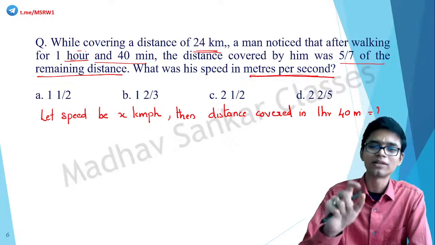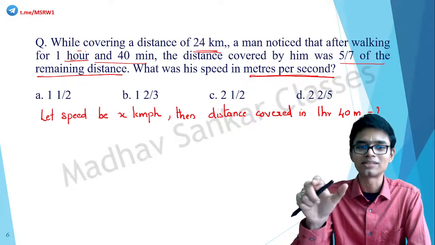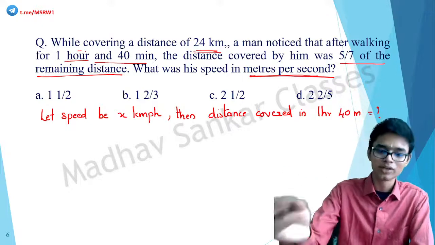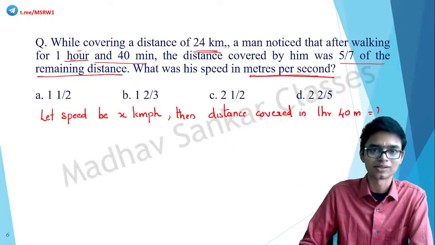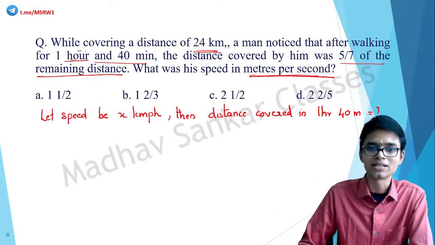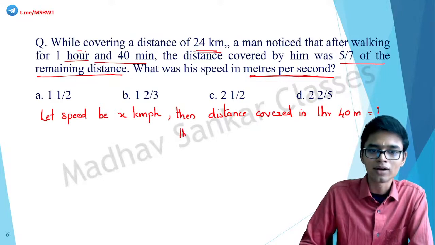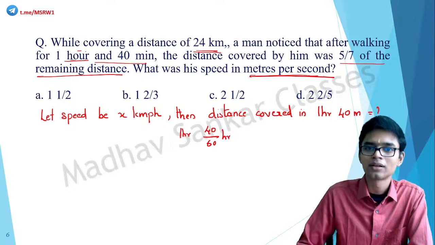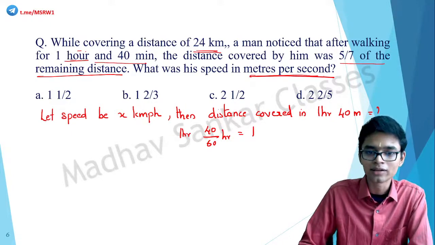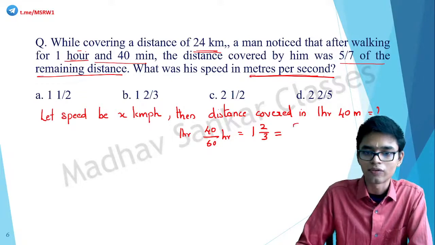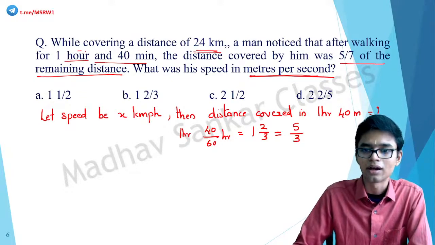So we cannot actually say 1 hour 40 minutes times x. That is not a value. So we simply convert this in terms of hours. 1 hour 40 minutes is equal to 1 hour and 40 by 60 hours, correct? So this is equal to 1 and 2 by 3, which is 5 by 3 hours.